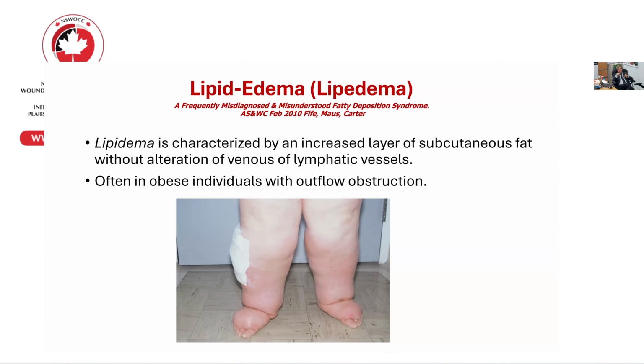They can get secondary lymphedema, and so it would be lipolymphedema, and this can occur if you don't use very low compression on this in order to prevent any of the secondary changes. And even if people lose weight, the lipedema does not go away.